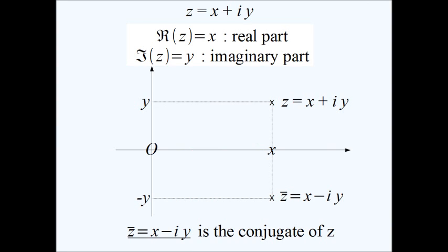So real part x, imaginary part y, and a new number, z bar, is the conjugate. It's the notation for the conjugate.